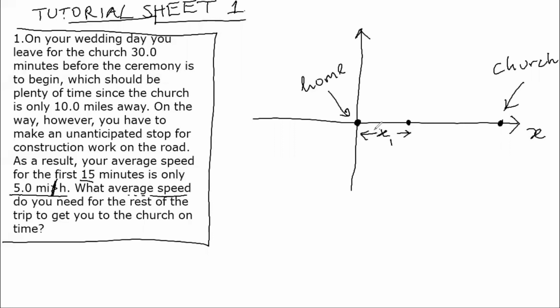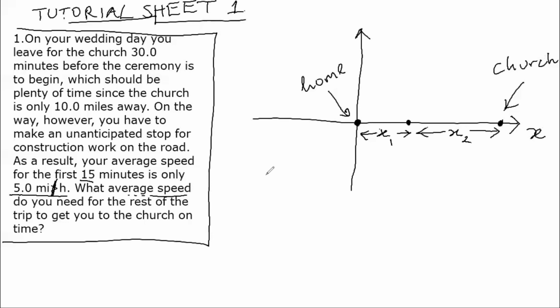During this part of the trip, you're moving slower because there's congestion on the way. Let us call the other part of the trip x2. This is the part where now you don't have congestion, and you have to make sure that you drive at a speed that will allow you to reach the church in good time.